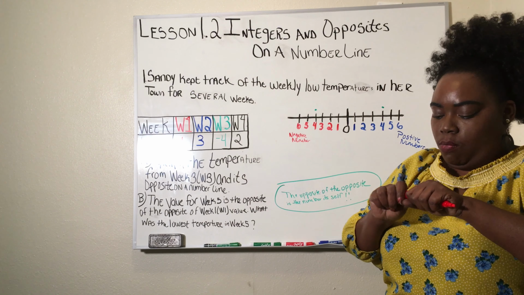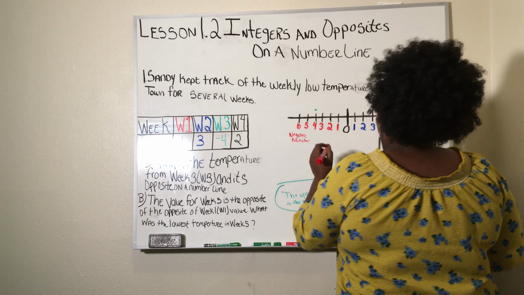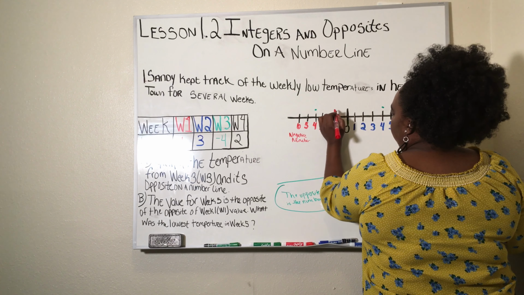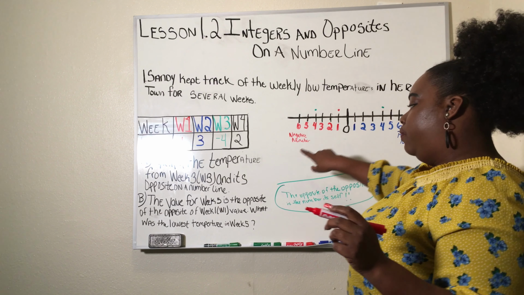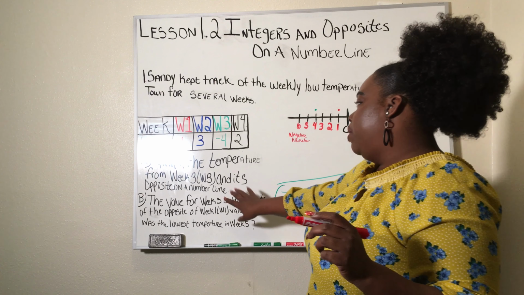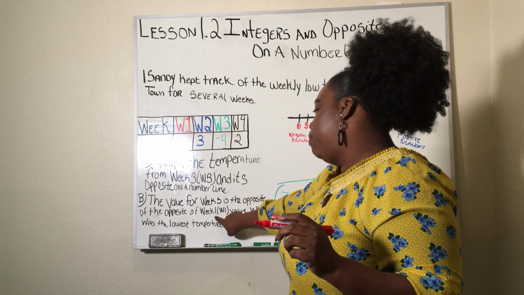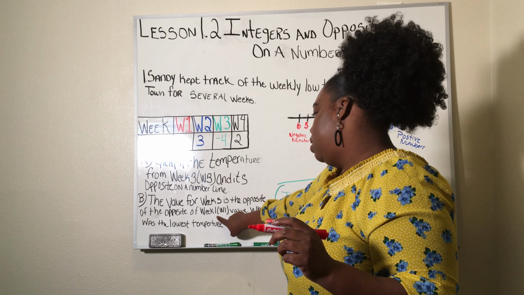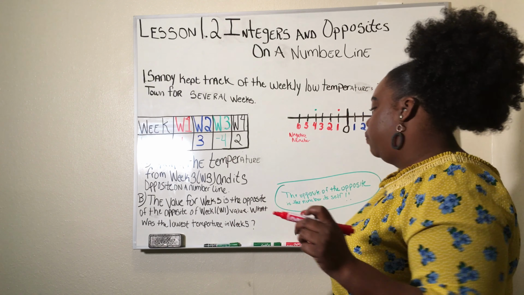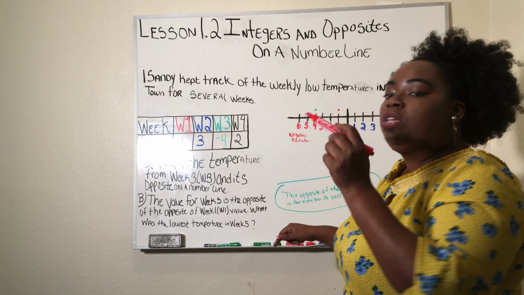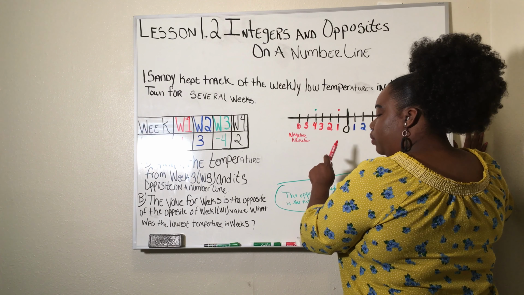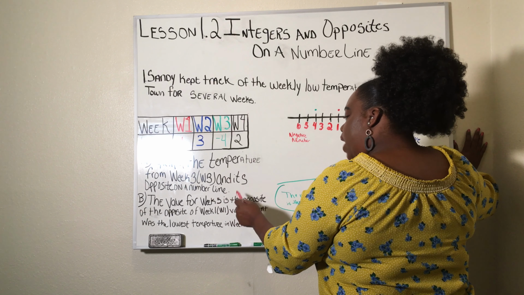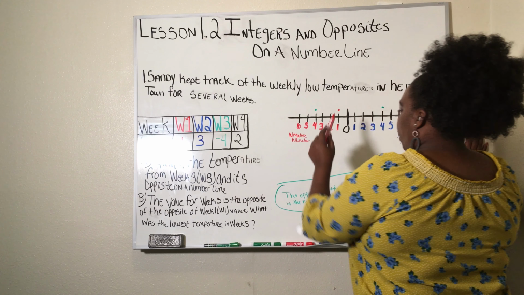We're going to put all the red here over -1 because that is the value. We want to find the opposite of the week 1 value to find out what week 5 was. So now we need to find the opposite of -1.